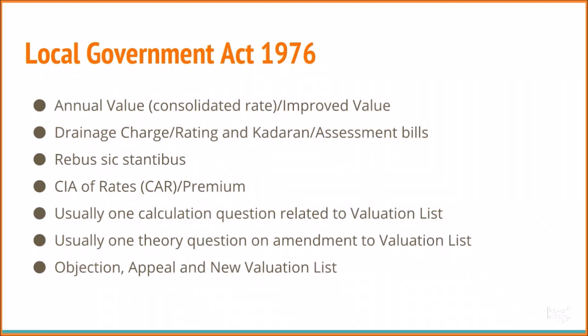So this is an area where questions will always come out. And then you also have those properties which are owned by the state government but rented by the federal government, or a building which is used for government purposes. So there will be contributions in lieu of rates, or CAR, and then the additional premium.